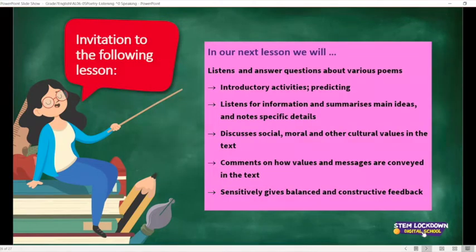So in our next lesson, which is tomorrow, and I hope to see you same time, same place, right? We are going to answer questions about poems. So it's going to be more like a comprehension, okay? It's not the end of the lesson. You can't leave yet. I'm not finished. I'm just telling you what we're going to do.